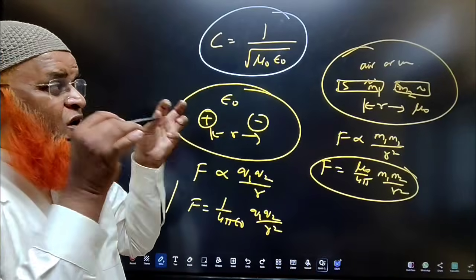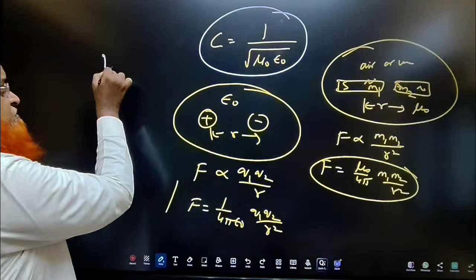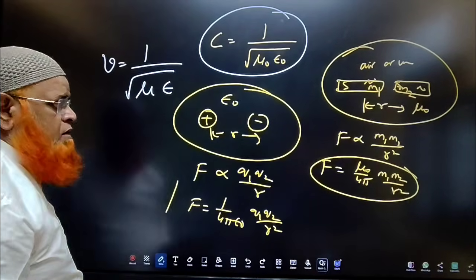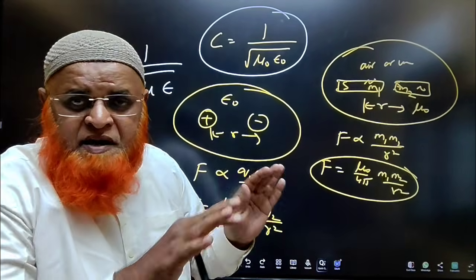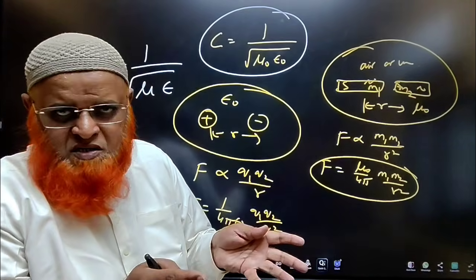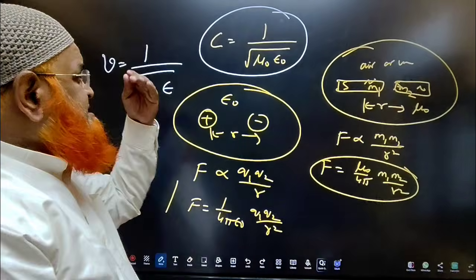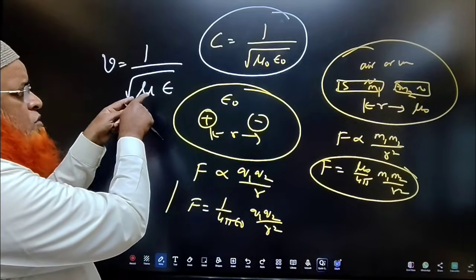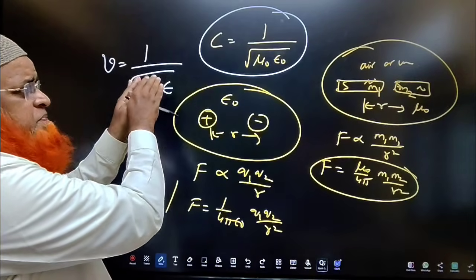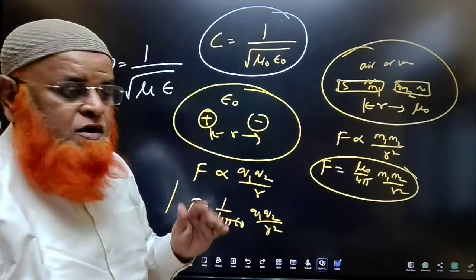The velocity of light in a medium is given by v equal to 1 by square root of mu epsilon. Mu naught and epsilon naught mean no medium, air or vacuum. Here some medium is there, mu epsilon. This is the formula for velocity of light in a medium, and that is the formula for velocity of light in air or vacuum. Hope you understand what I am saying.